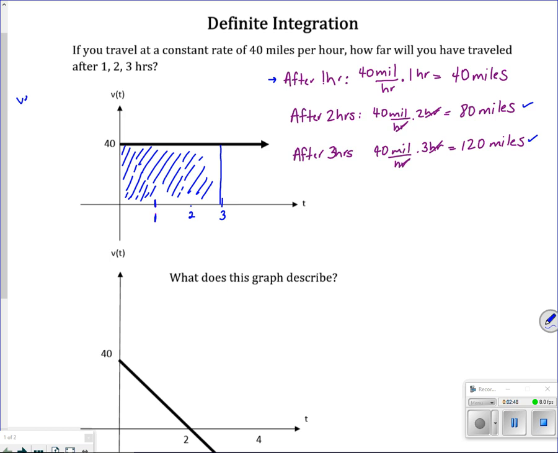If I have velocity versus time, what the area under the curve looks like, and this is only if you have positive velocity, is that the area under the curve is the distance traveled, right? Let's look at the next example and see what's going on.